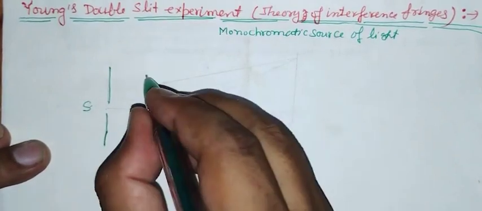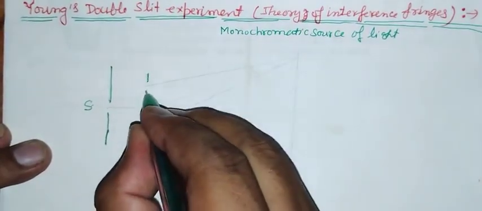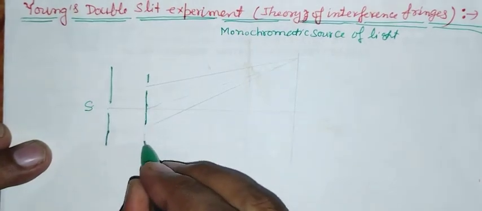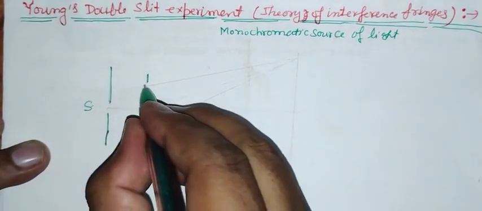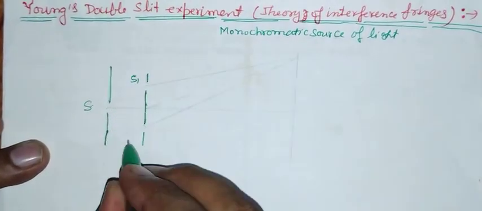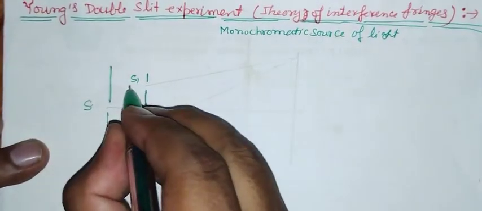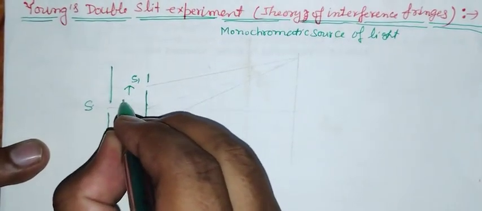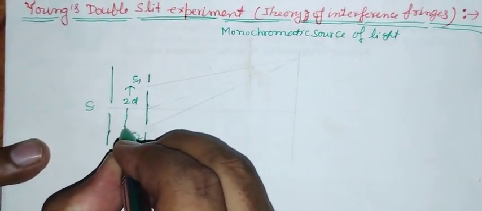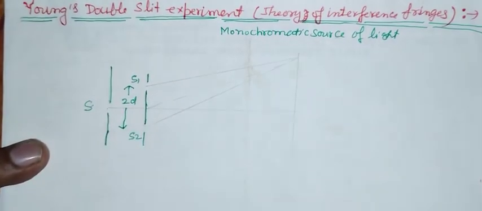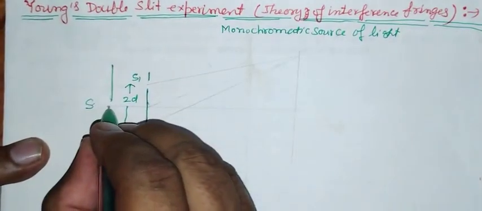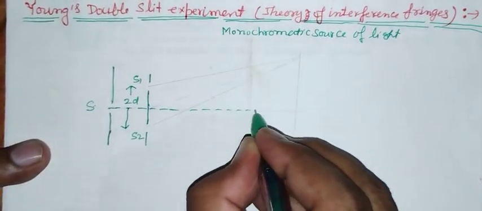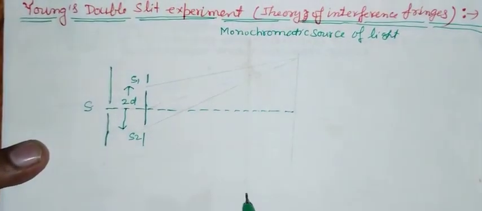After that, one more obstacle is kept, and two holes S1 and S2 are made here, and the distance between both sources is taken as 2D.